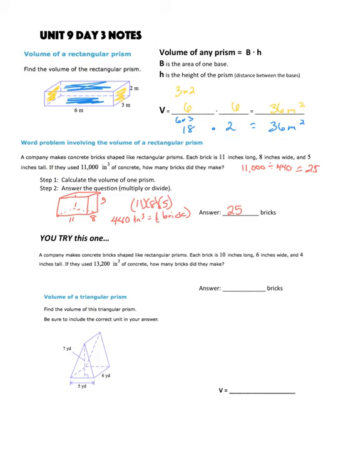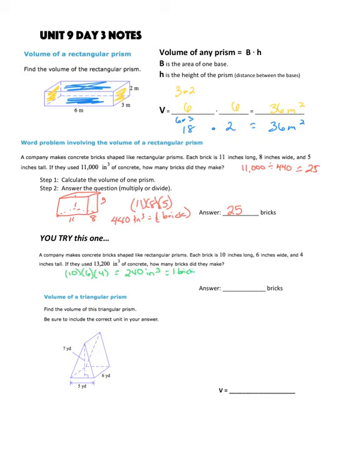All right. Now let's see if your answer matches mine. I'm going to say 10 times 6 times 4. Whoops. I'm sure your writing was better than mine. 60 times 4 equals 240 inches cubed for one brick.